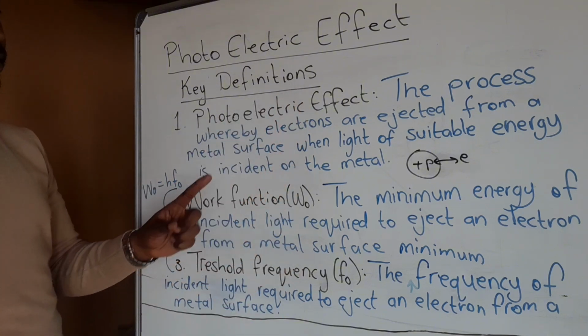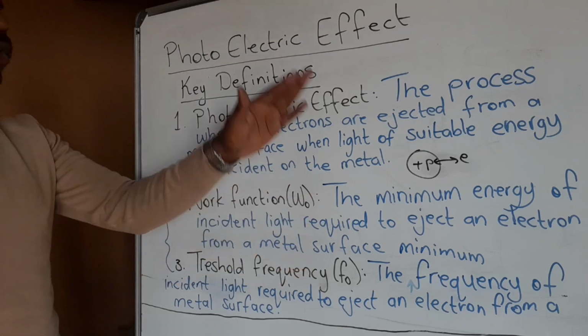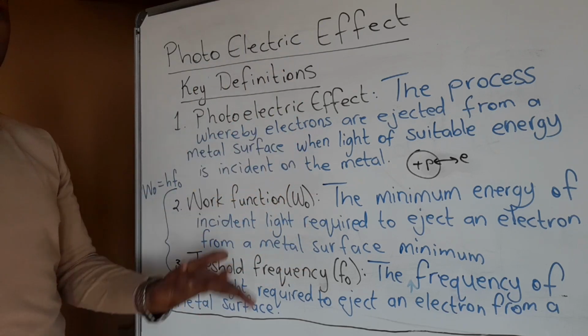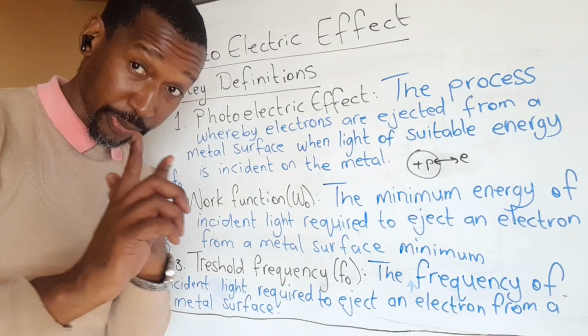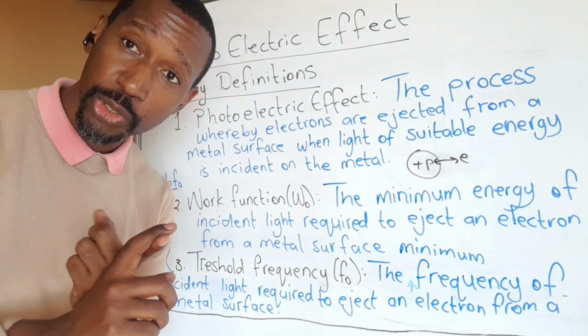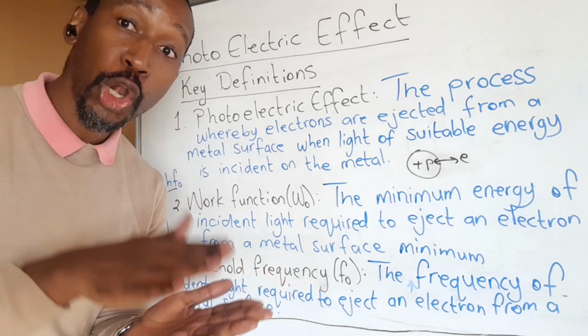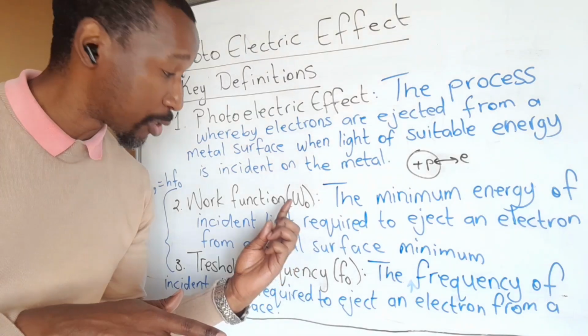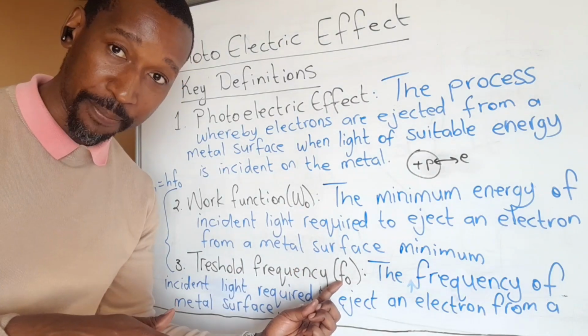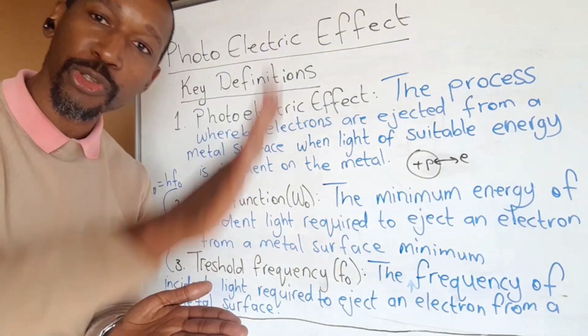So if the light does not have sufficient energy, all of this does not occur, which means there's no photoelectric effect. Which is why, when it comes to solar panels, we will try as much to use metals that have a low bond energy, which means that they have a low work function and threshold frequency, so that it's easy for the electrons to move out.